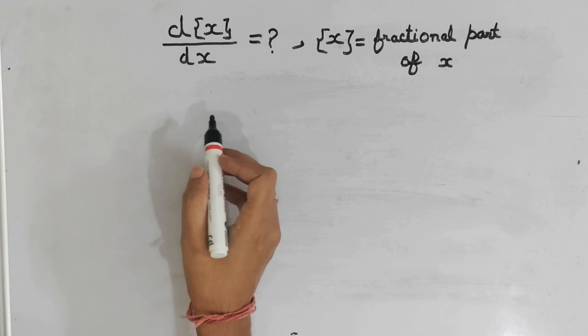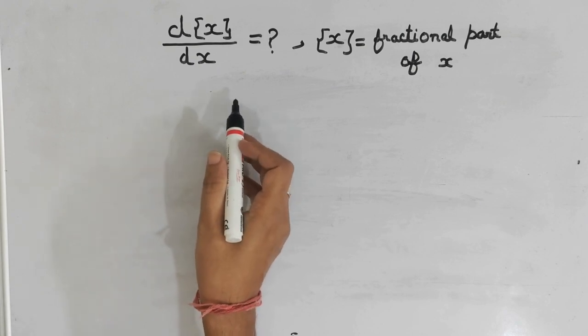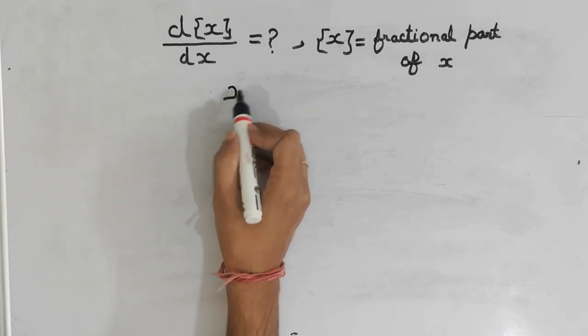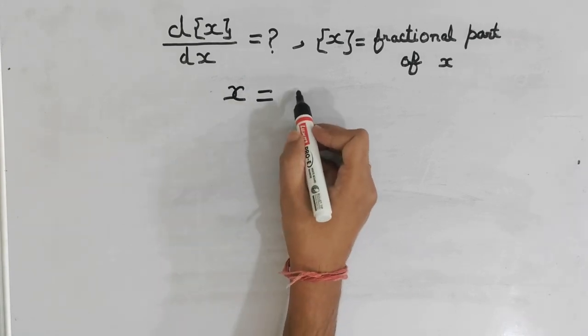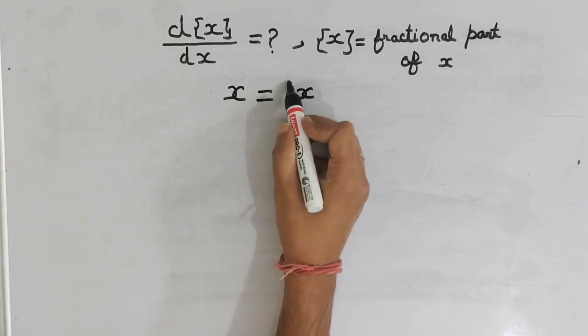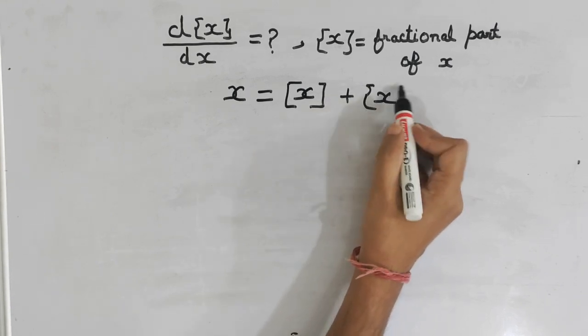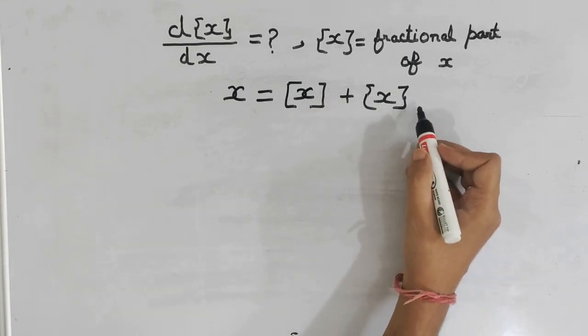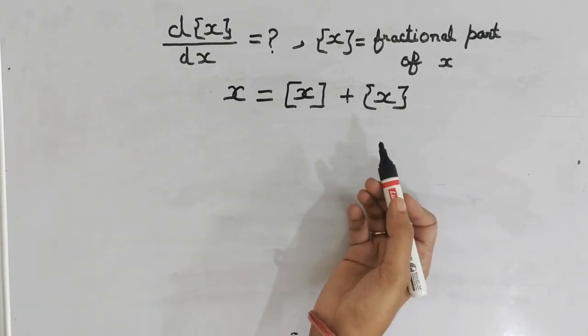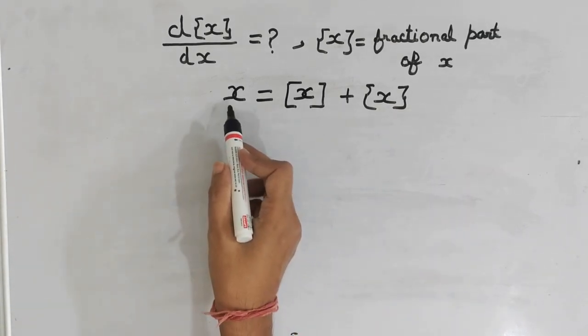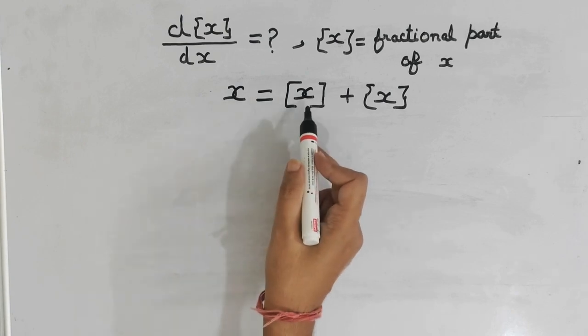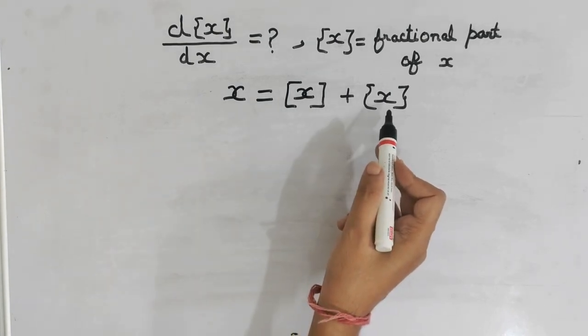As I have just explained, x can be split into the greatest integer function plus the fractional part. For example, if x is 5.7, then this would be 5 and this would be 0.7.